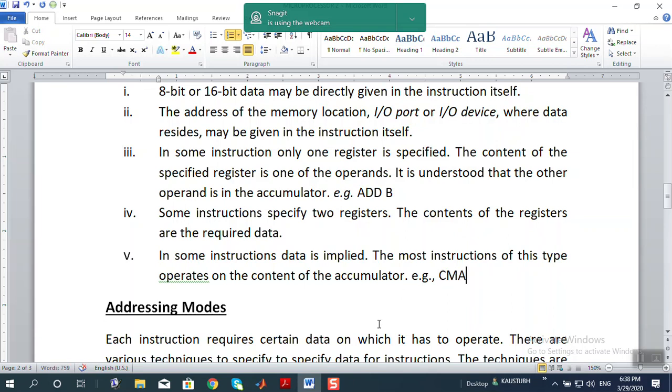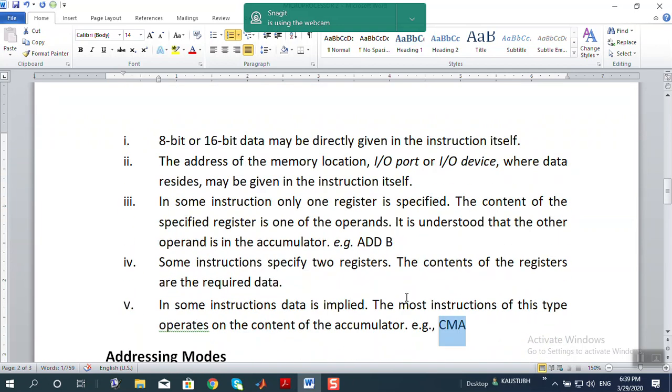There is an instruction in 8085 called CMA. As you can see here, I have not specified any data, any register, or any memory location, nothing. It is understood that the meaning of this instruction is to complement, the one's complement of the data. So where is the data? Data is in the accumulator. It is implied that data has to be there in the accumulator beforehand, before executing this instruction. So this is another type.